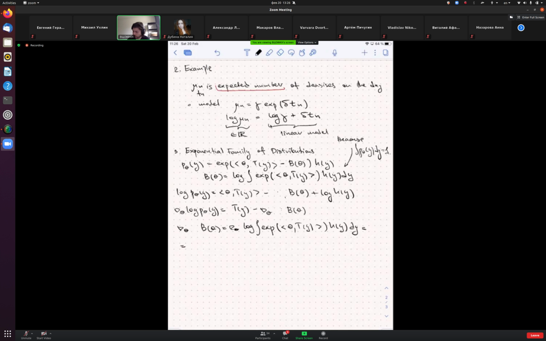The gradient of the logarithm is the ratio of what is inside the logarithm.